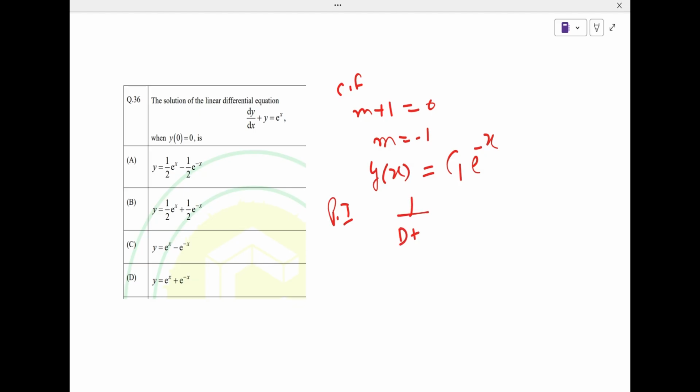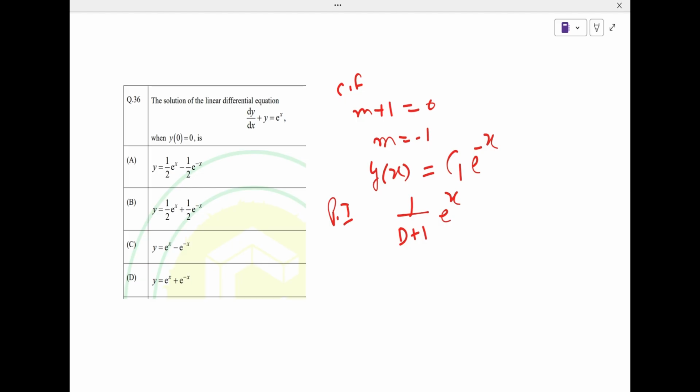Now the next question is the solution of the linear differential equation. So here we can apply m plus 1 equals 0 for the complementary function. M plus 1 equals 0, so m is equal to minus 1. So the complementary function of y is c1 e raised to power minus x, and the particular integral over here is 1 by D plus 1 e raised to power x.